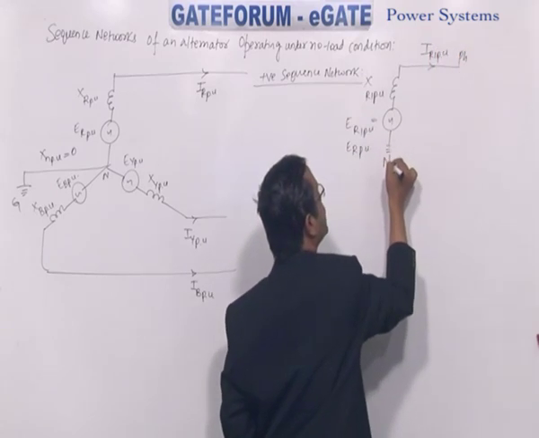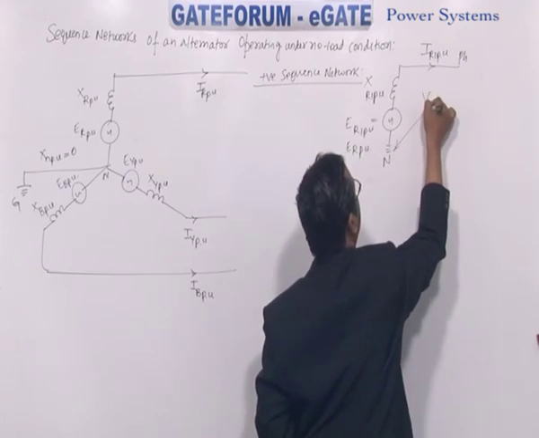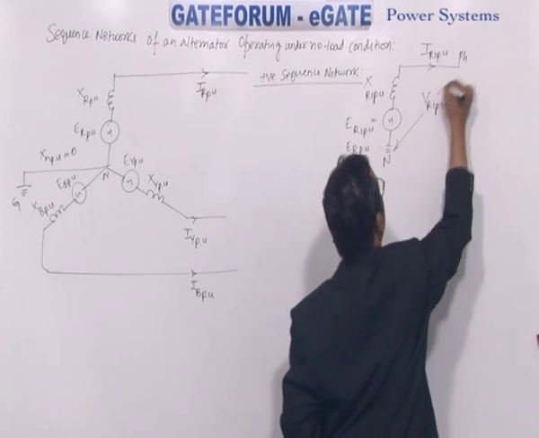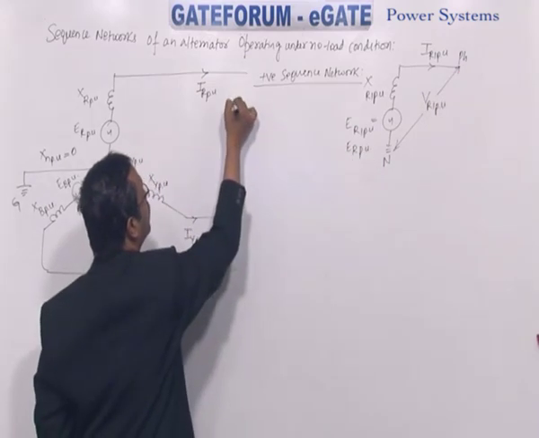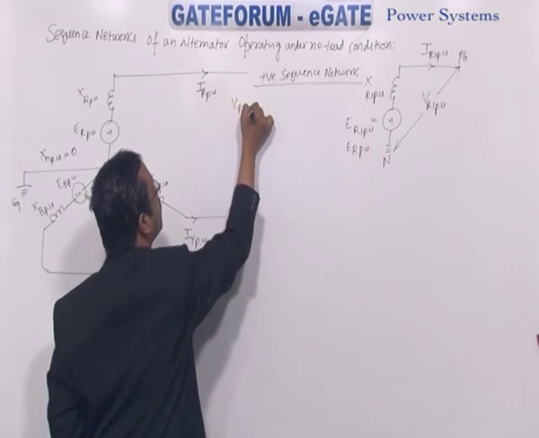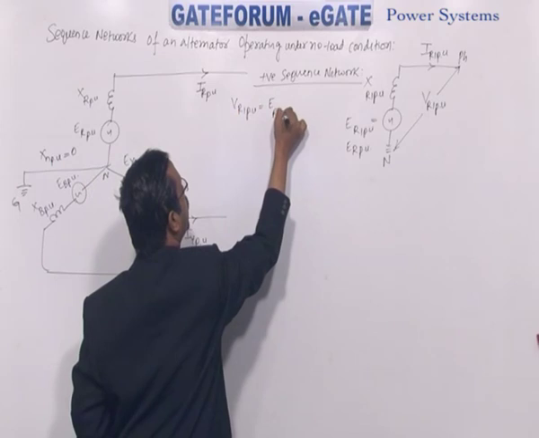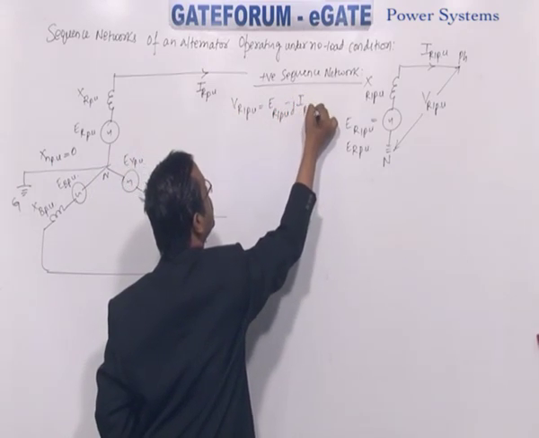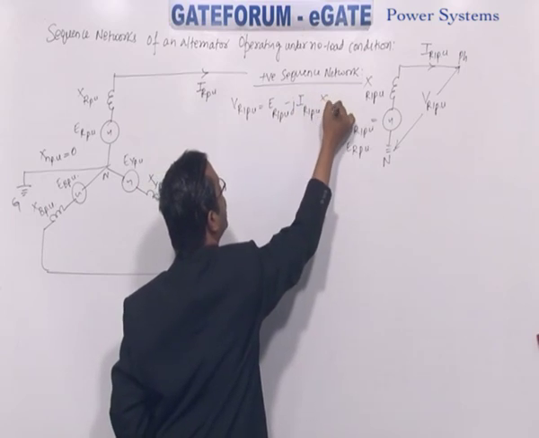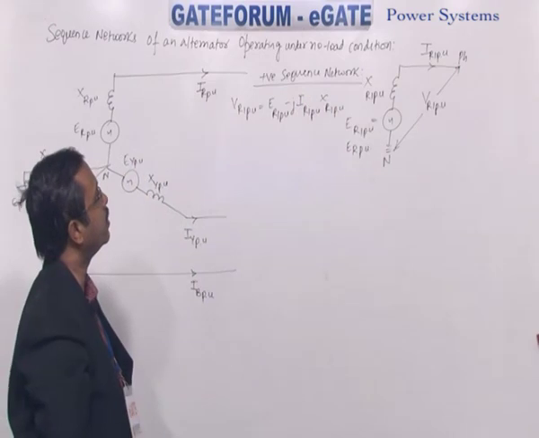So you have the phase and neutral. Between these two you find out VR1 per unit. So what will be the VR1 per unit now? Total is ER1 per unit minus the reactive voltage drop IR1 into XR1 per unit.